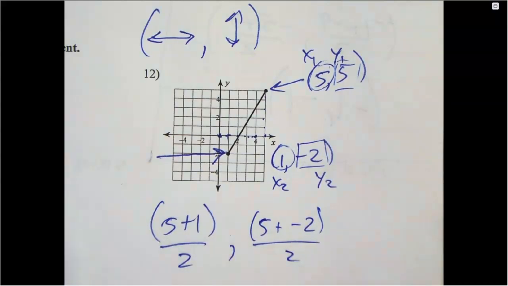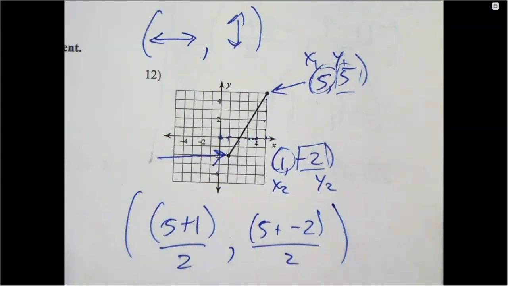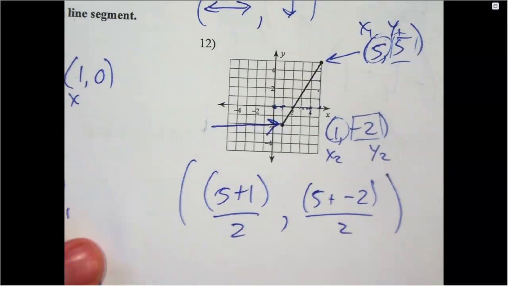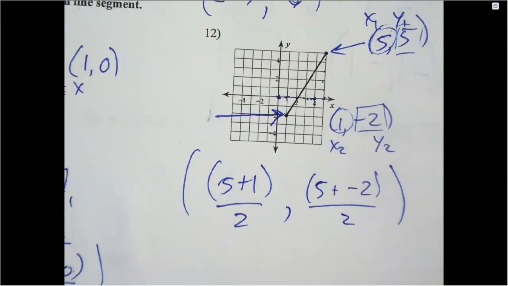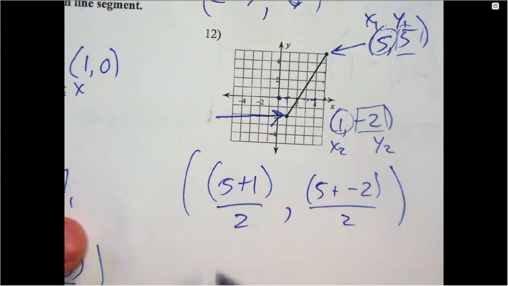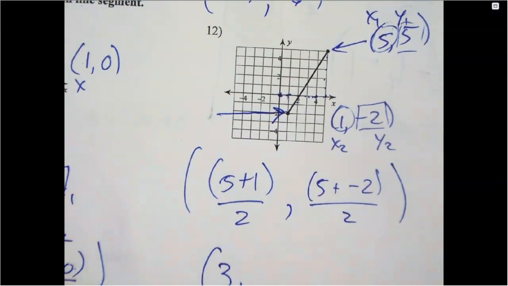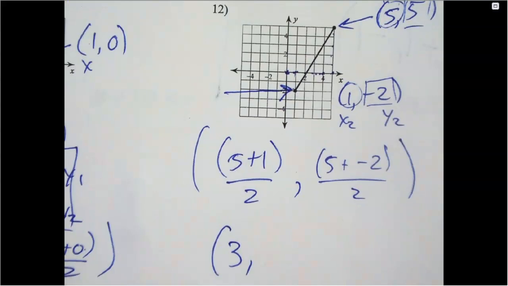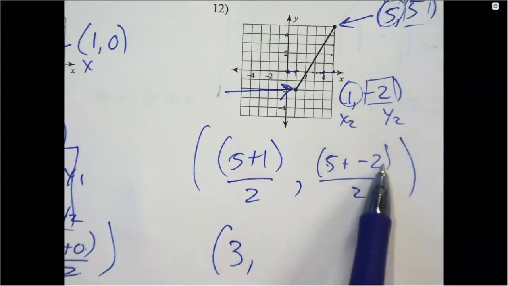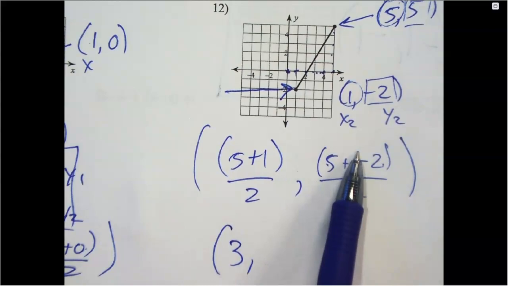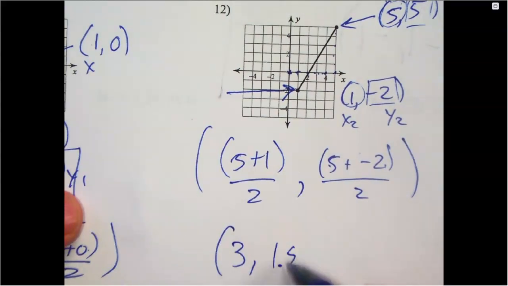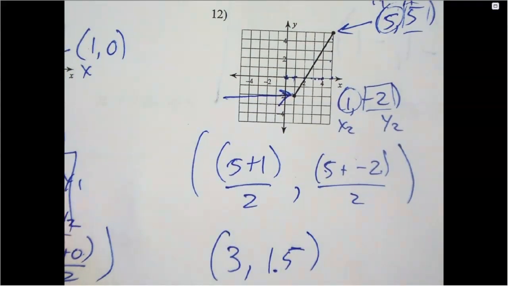I divide that by 2. Calculator or talk through whichever. 5 plus 1 is 6. 6 divided by 2 is 3. And then 5 plus negative 2 is 3. 3 divided by 2 is 1.5.